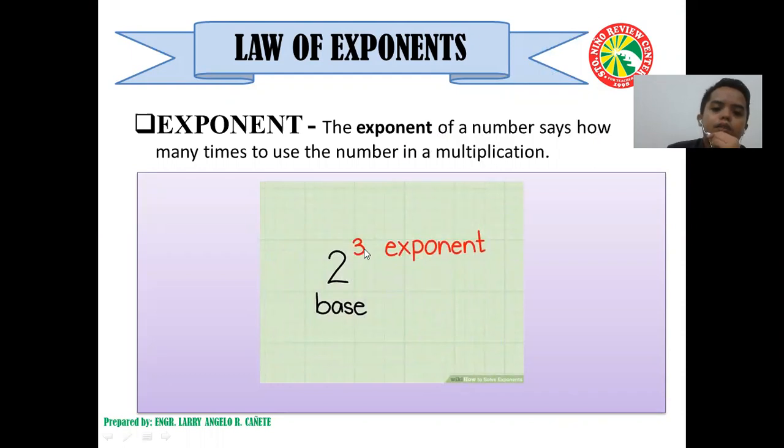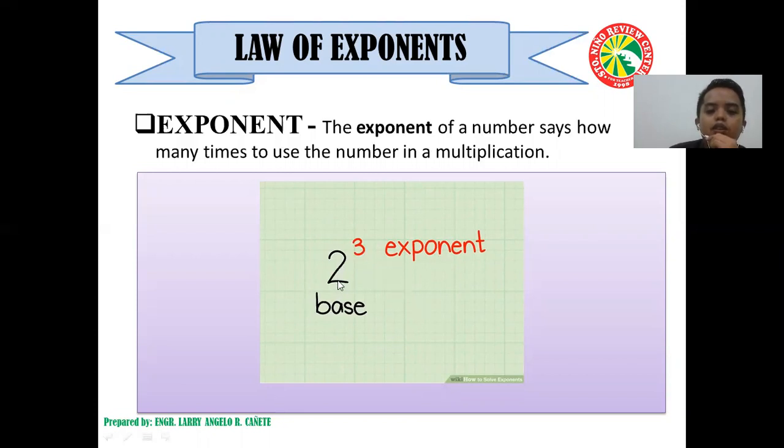2 raised to 3. So this 2 here is your base, and the number in the upper part of number 2 is your exponent. This exponent is the basis of how many times this base will be multiplied. Since 2 is multiplied 3 times, 2 to the power of 3 is equal to 2 times 2 times 2.